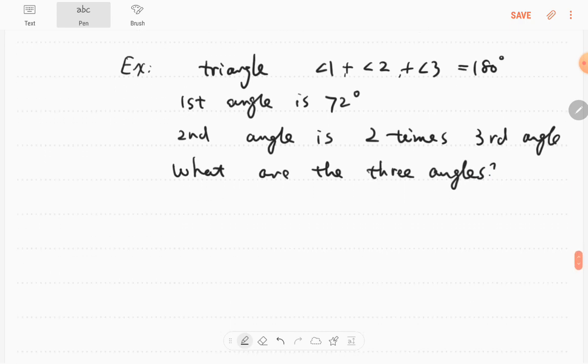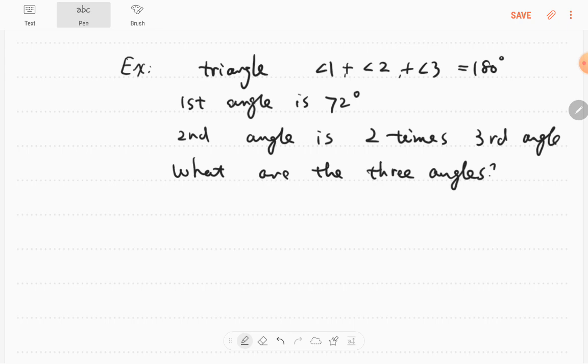After we have this problem, we still need to read it, right? This time we have a triangle, so it has three angles, and we know the sum of the three angles is always 180 degrees, and we already know one of the angles is 72 degrees. So we only have two unknowns, the second one and the third one.